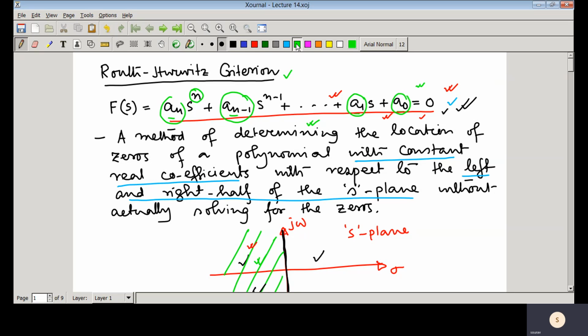So here we get the necessary and sufficient condition. This Routh-Hurwitz criteria gives the necessary and sufficient condition for a class of polynomials where all the coefficients are constant, and the stability boundary is the imaginary axis.